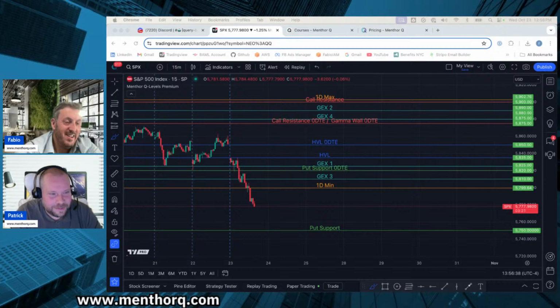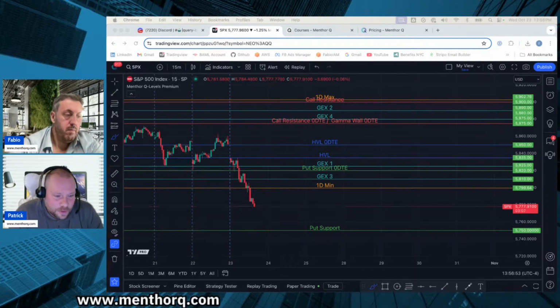So for me, it's more about looking only for really good setups, your A plus setups. And my A plus setup with Mentor Q is the high wall levels. Why I love this is that I have the opportunity, 90% of the time, to print really good money. I know exactly what I'm looking for, I know exactly what I can risk, and then I take it. The good thing is we were seeing this today.